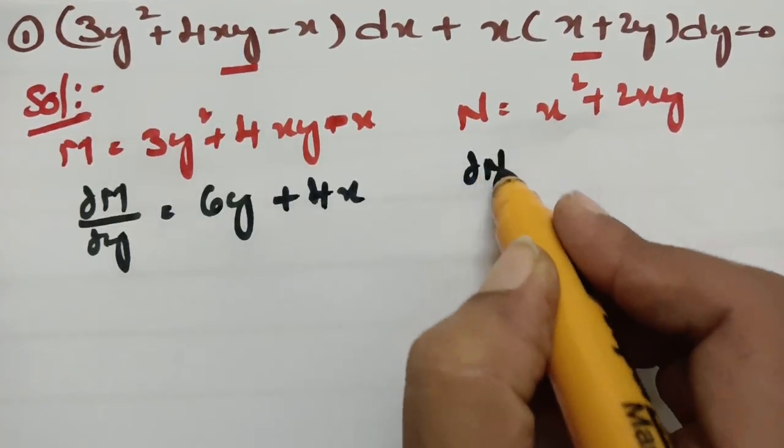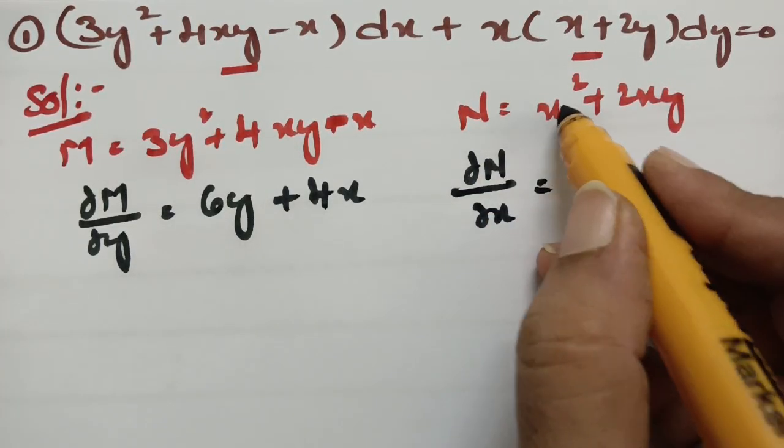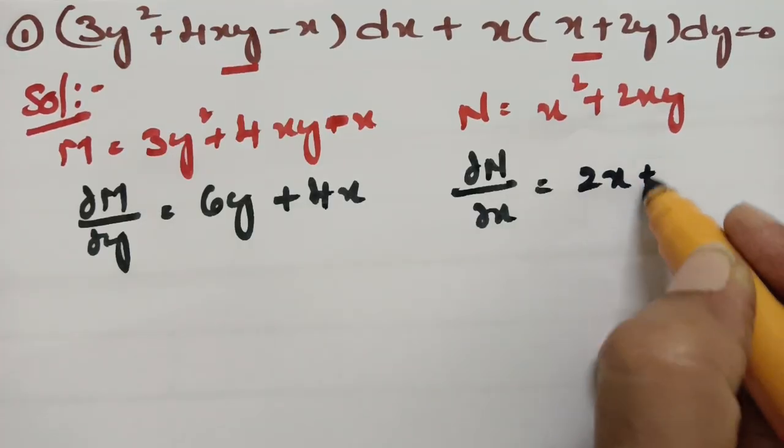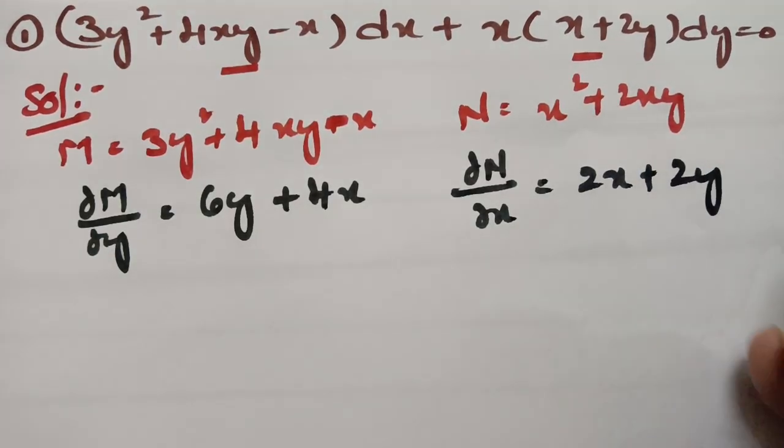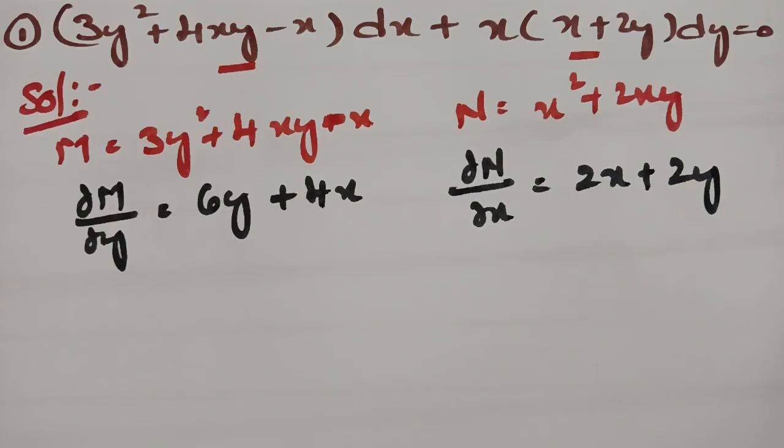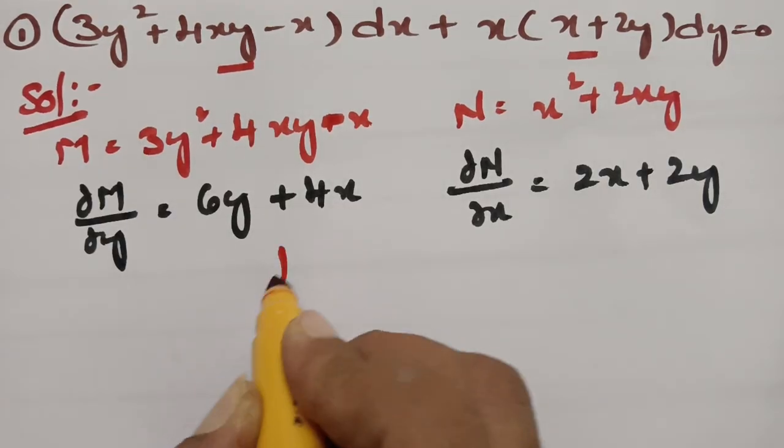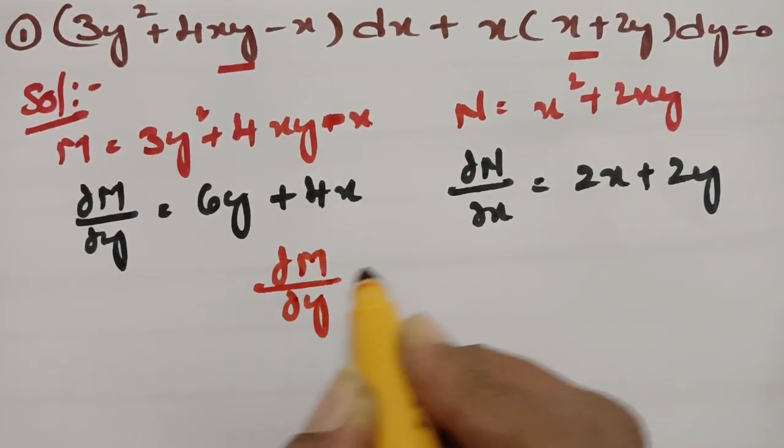And what is dou N by dou x? Wherever you find x, you take the derivative, that is 2x. Here x is 1, so it will be 2y. If you observe this, this is a non-exact differential equation. Clearly dou M by dou y is not equal to dou N by dou x.